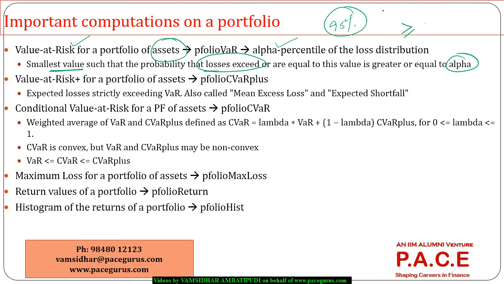So when I'm saying alpha is 5%, the probability that the losses are greater than or equal to that particular number is 5%. Right? So that is something that I can very well compute as a part of the portfolio VAR.